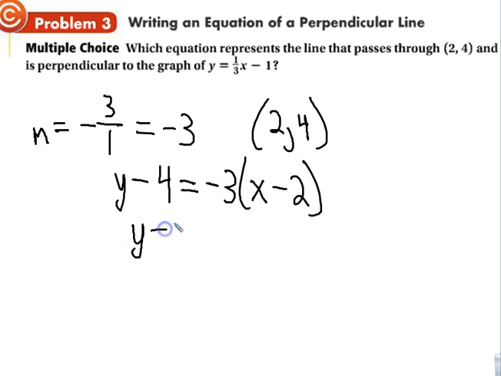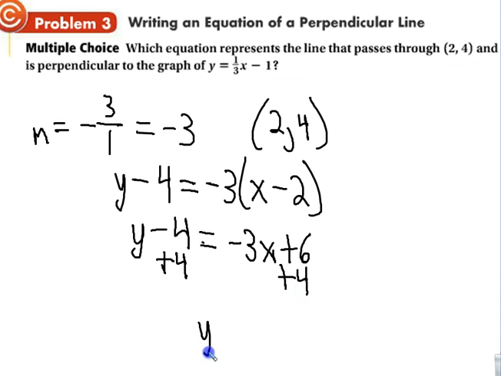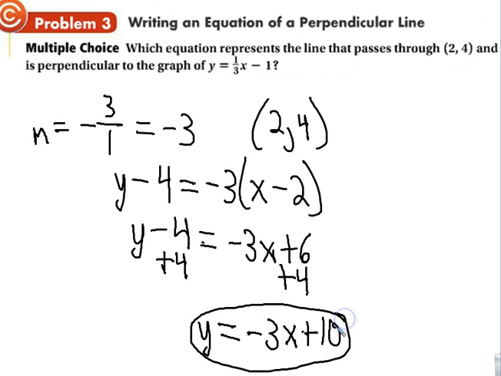Okay, so y minus 4 is equal to -3x plus 6, -3 times -2 is plus 6. And then I add 4 to both sides, so I get y equals -3x plus 10. That is the equation of the line that is perpendicular to that one right there. Okay? If you don't believe me, graph it.